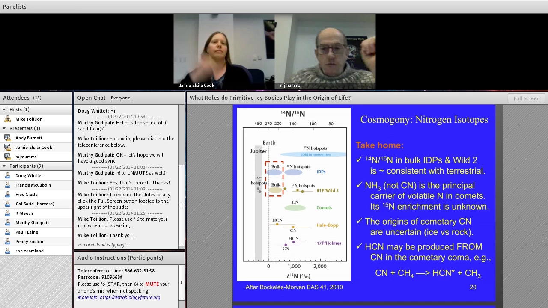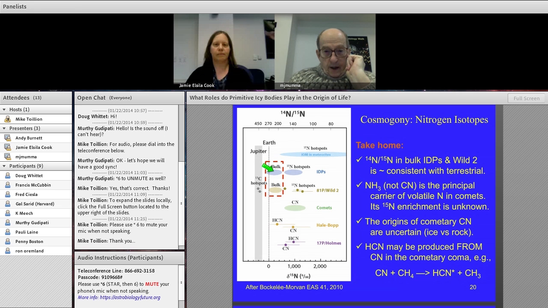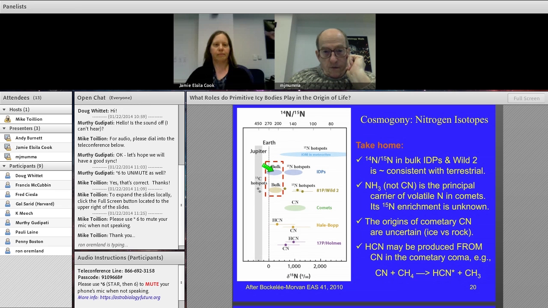If you look at the actual data, shown on the left here is a kind of an oval, from a figure by Dominique Bachelay-Morvan. Essentially the bulk overlaps the terrestrial value. The mean, of course, is a little different, but there's an issue as to whether the overlap is sufficient at the 1 sigma level.